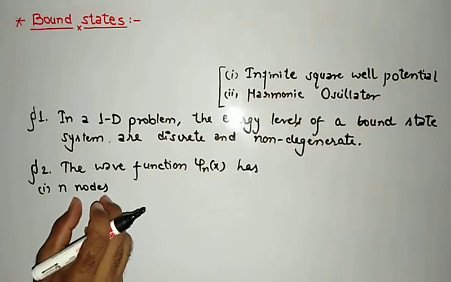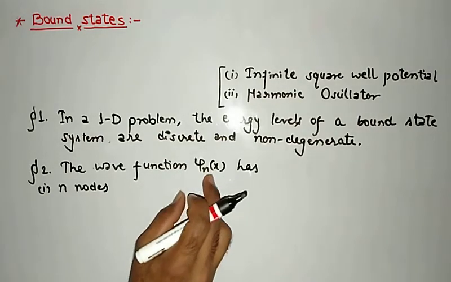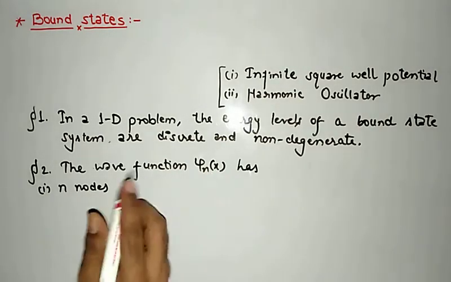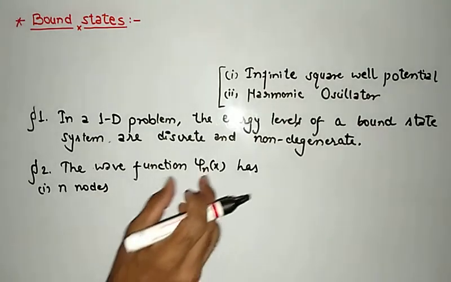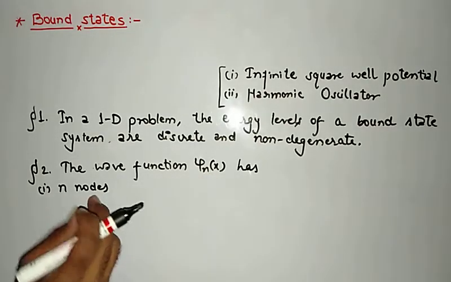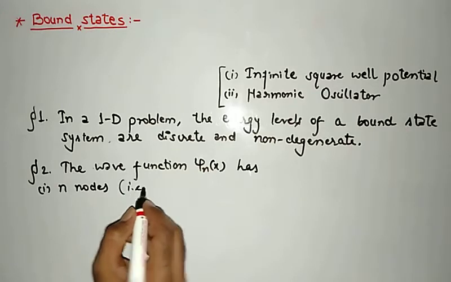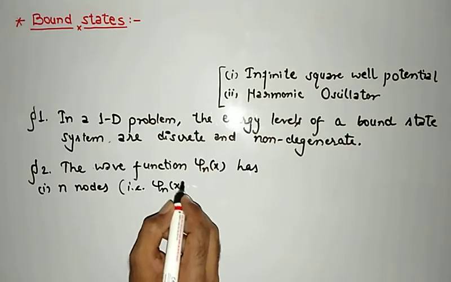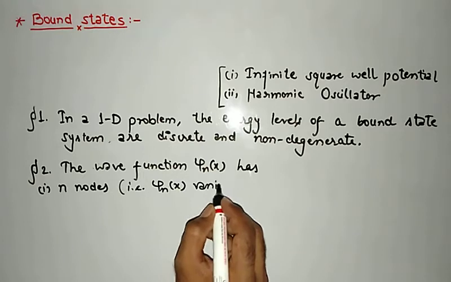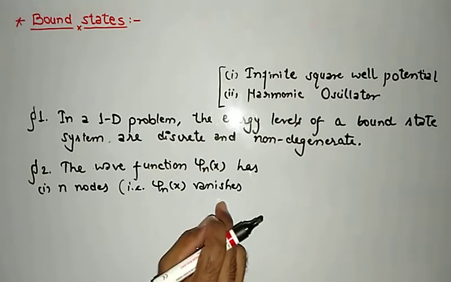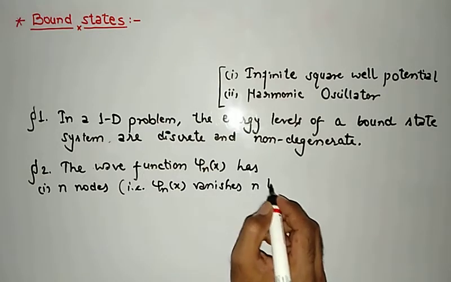Nodes, that is when psi n x vanishes. So, if psi n x has n nodes, it means that psi n x vanishes n times.